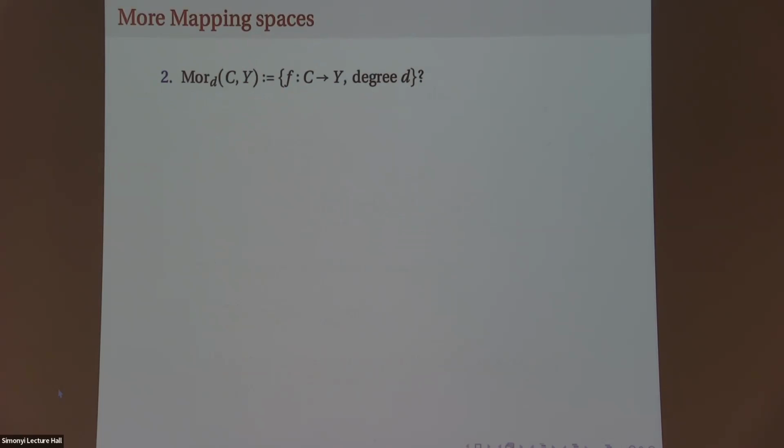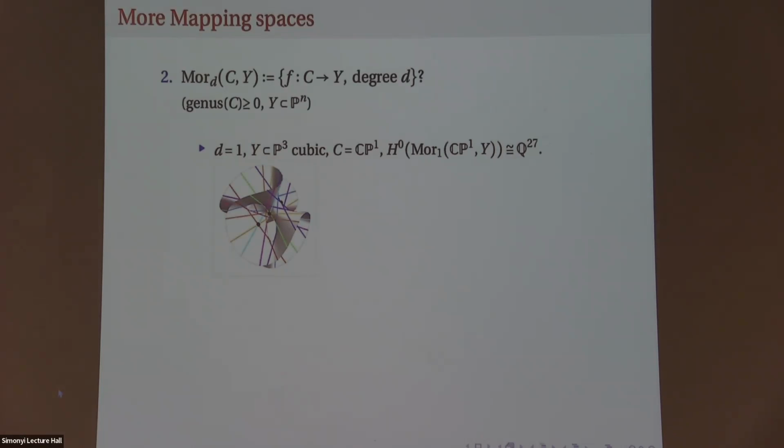Y is just some smooth projective variety, let's say, and consider the space of degree d maps from C to Y. The genus is always going to be greater than or equal to 0, and Y is in P^n.